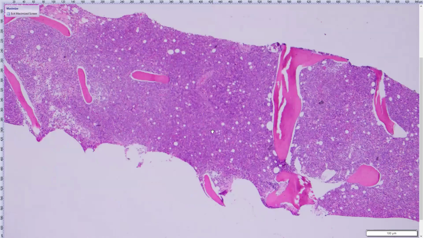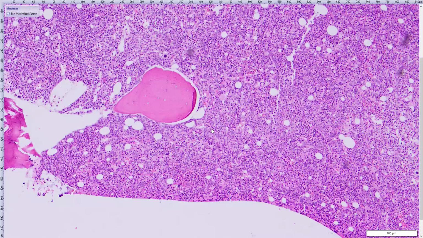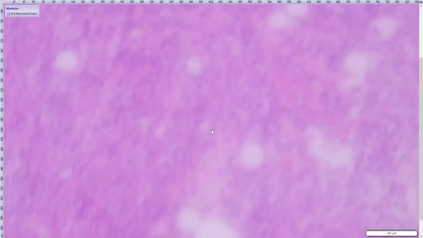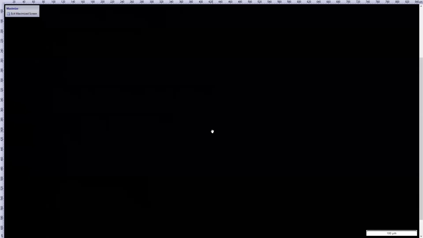So it's markedly hypercellular. Let's go around to see what's happening. Let me add some oil. Focusing on the screen now.